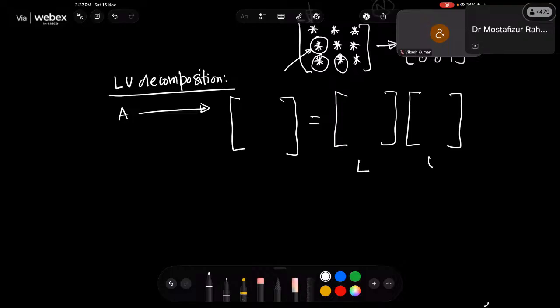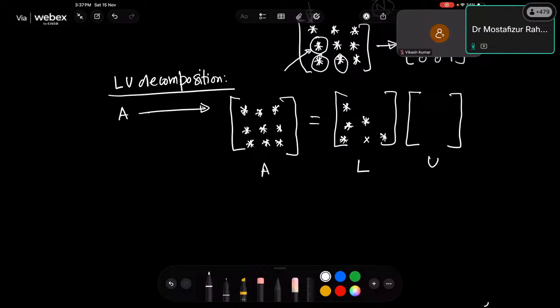This is L, this is U, this is A. A is an ordinary matrix, suppose there are 9 elements. Can I do it this way, that I have a lower triangular matrix like this, and an upper triangular matrix like this?